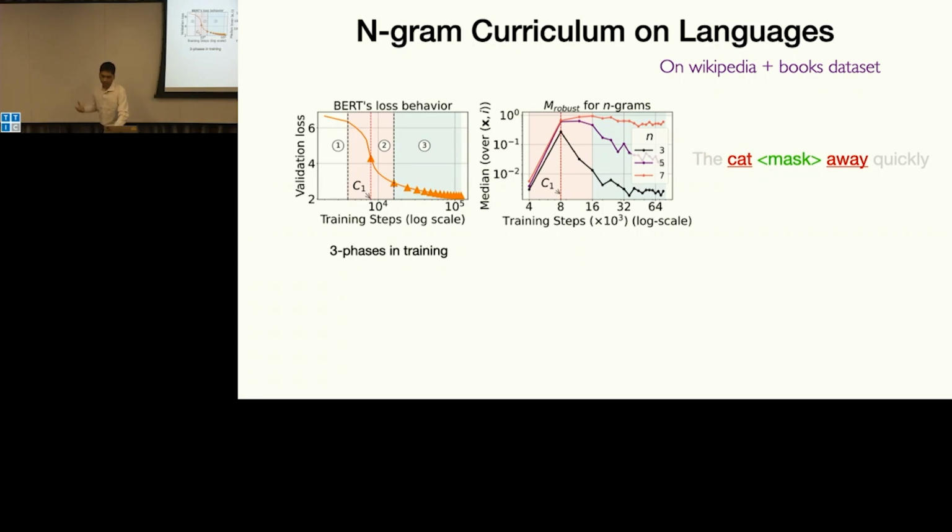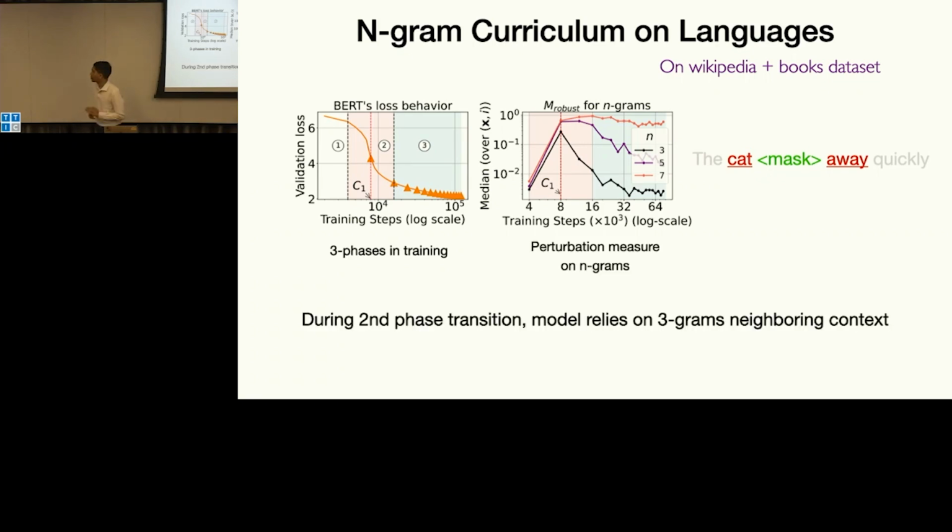So using something called a perturbation measure, we show that at the start of training, the model utilizes more 3-gram tokens to predict. So in this case, it will start using more like cat and away at the start of training while ignoring the rest of the tokens. And over the course of training, it starts using more and more longer context tokens.